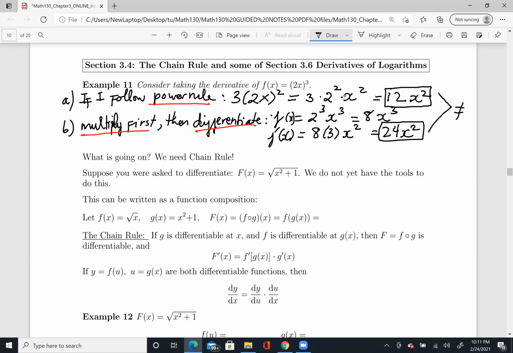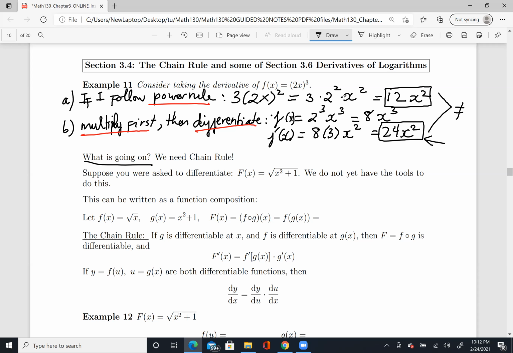I expect that they have to be the same, but they don't match. So what's going on? Actually, in this case, the correct answer should be this one.